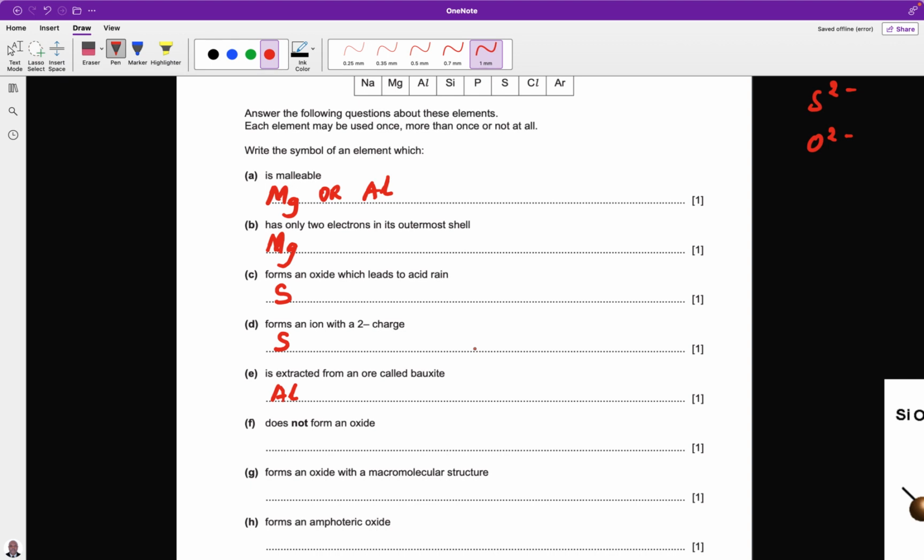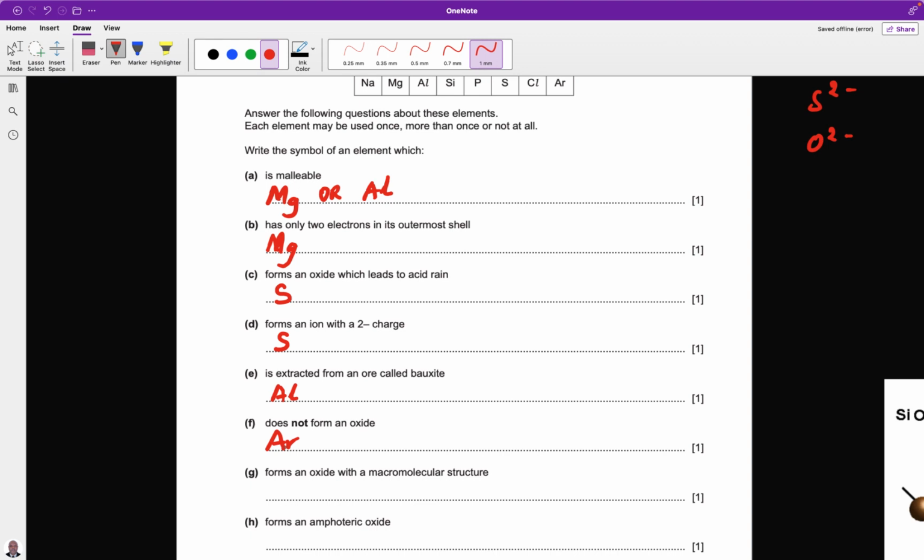From the periodic table we just discussed, the elements that do not react are the noble gases, and the noble gas here is argon, which is Ar. So our answer is Ar. F is Ar.